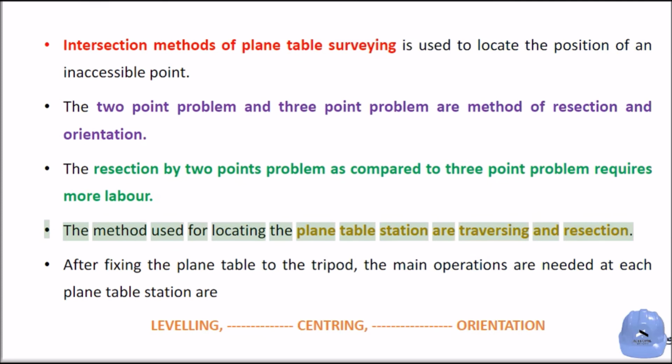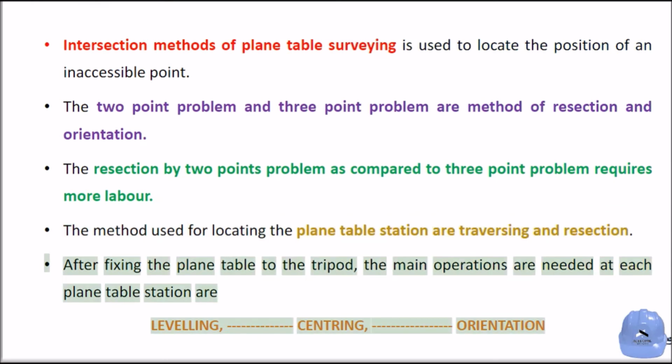The methods used for locating the plane table station are traversing and resection. After fixing the plane table to the tripod, the main operations needed at each plane table station are leveling, centering, and orientation.